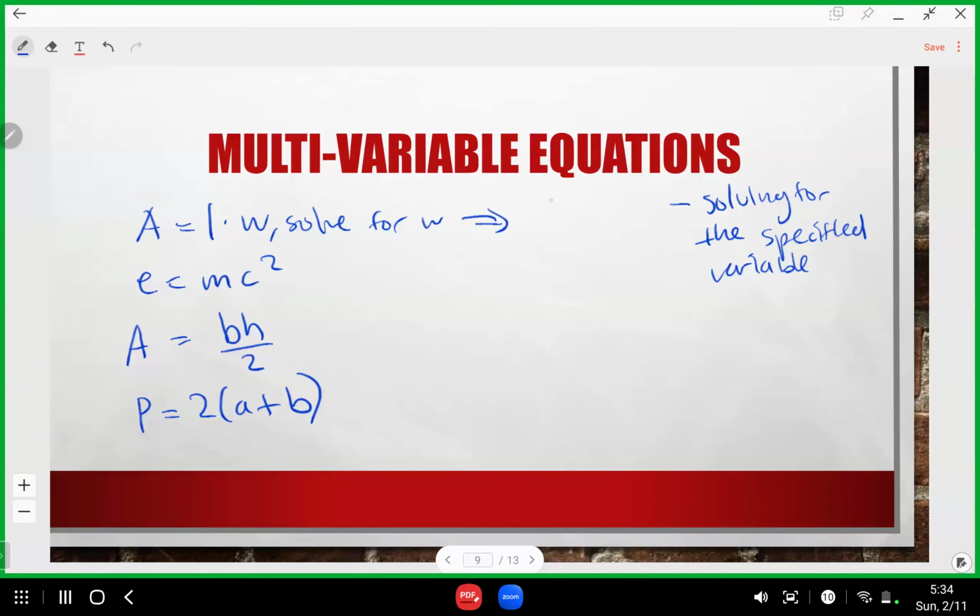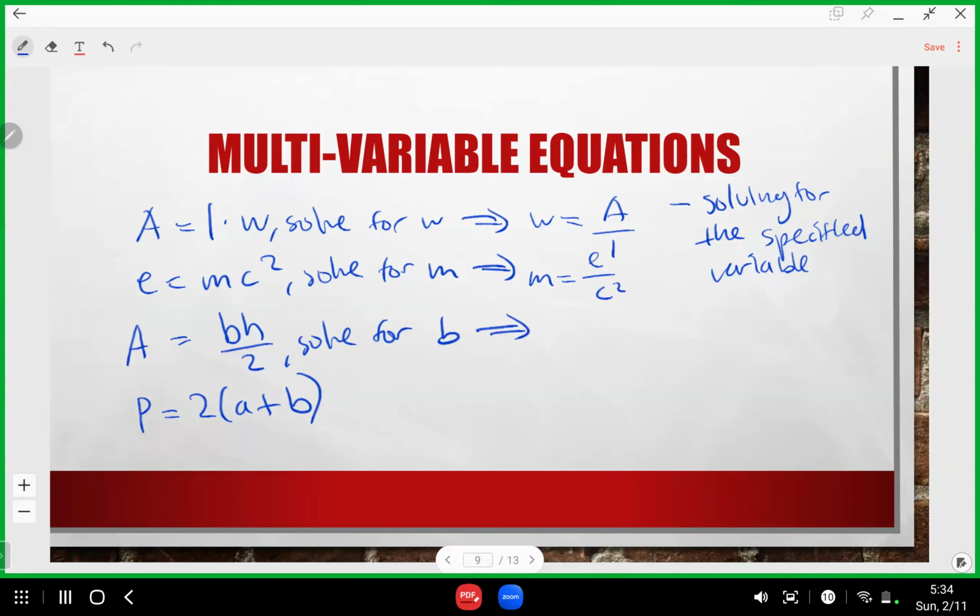Then w would be equal to a over L. If you wanted to solve for m, as you can see, we just take m is equal to e over c squared, right? If you want to solve for b, you multiply both sides by 2, so you get 2a, and that's over h.